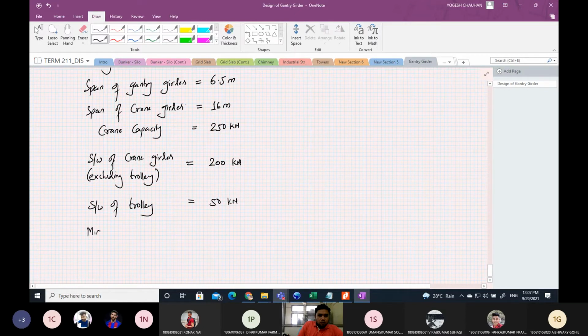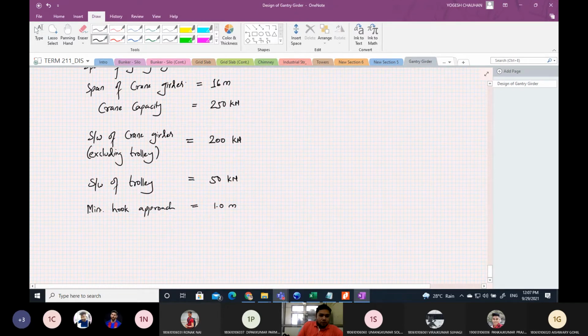Then minimum hook approach is 1 meter, and the distance between wheels is 3.5 meter, and self weight of rails is 0.3 kilonewton per meter.